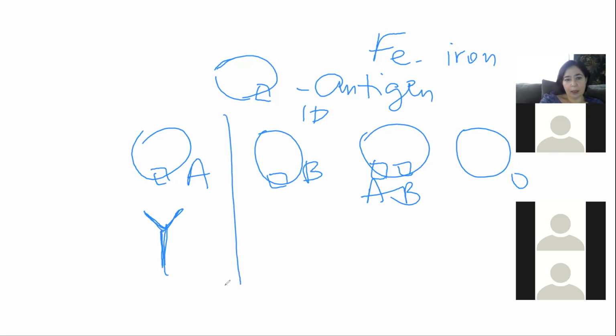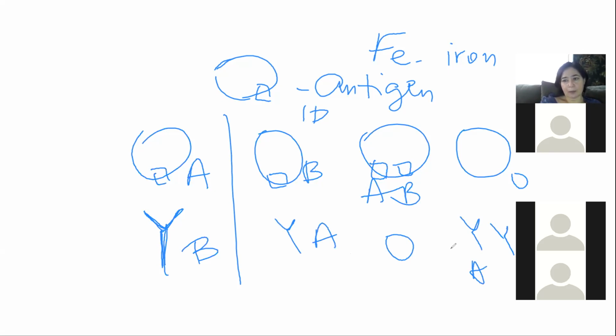The rule is that if you have antigen for A in your blood, you're going to find antibodies for B. If you have antigen for B, you have antibodies for A. Interestingly, if you have AB, you have no antibodies. And very interesting, if you are O, you have antibodies for both A and B.